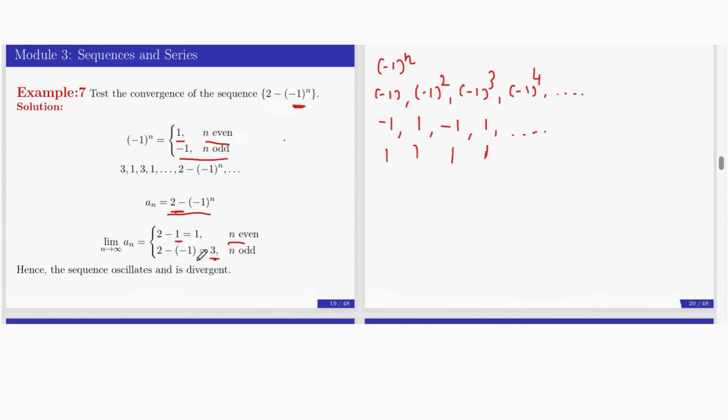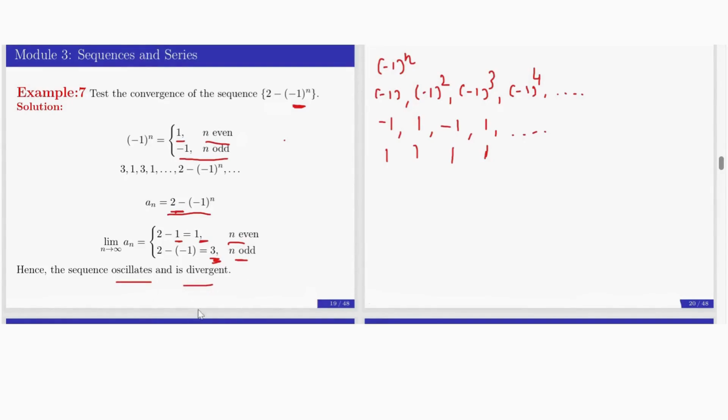So here the limit as n tends to infinity of a_n is equal to 1 for n even and 3 for n odd. What do we conclude? Here we get two different finite values of the limit. So as per the definition, the sequence oscillates and the sequence is a divergent sequence.